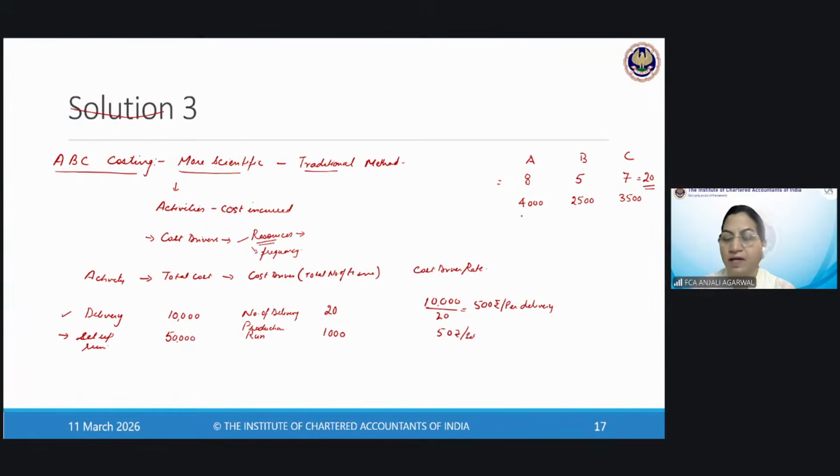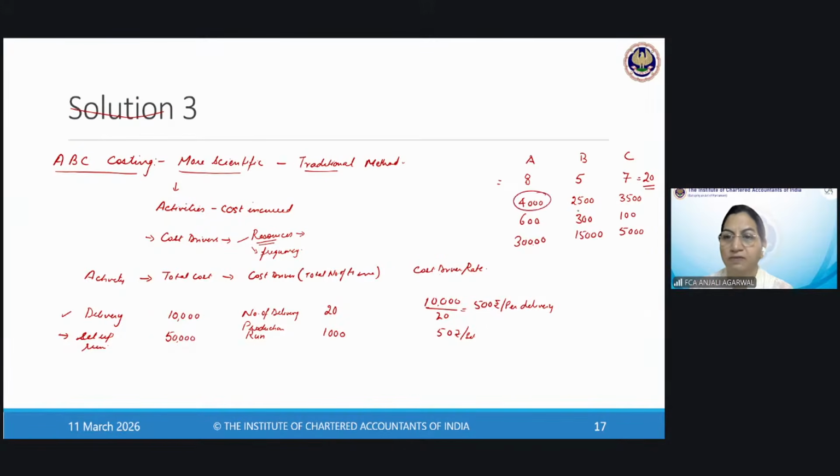Now, out of the 1,000 times, the machine was set up for A 600 times, 300 times it was done for B, and 100 times it was done for C. So 600 into 50, 30,000 would be charged to A, 300 into 50, 15,000 would be charged to B, and 5,000 would be charged to C.